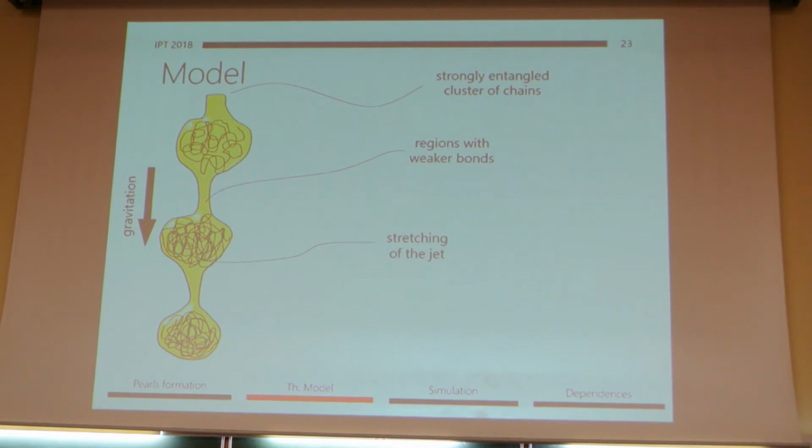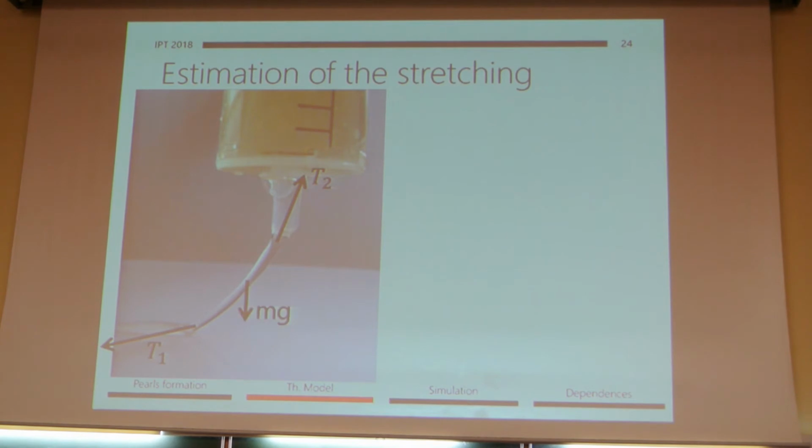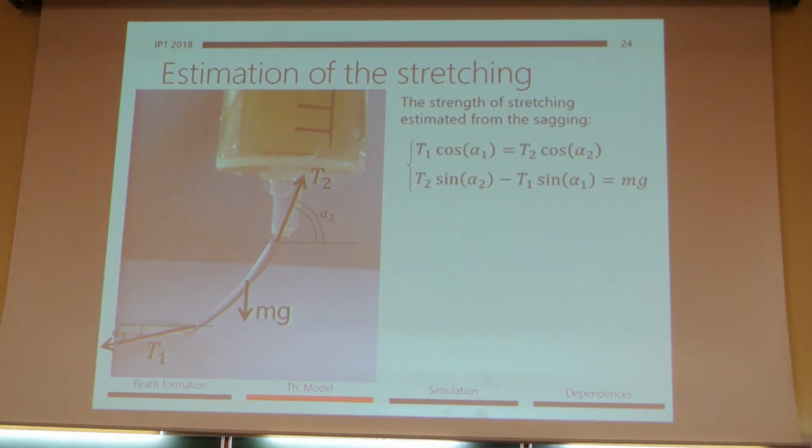And we see stretching of the jet. From this photo, we can describe the stretching of these jets. We can estimate forces, and it's pretty easy. This part of the jet moves to the bottom of the oil and becomes a spherical pearl.